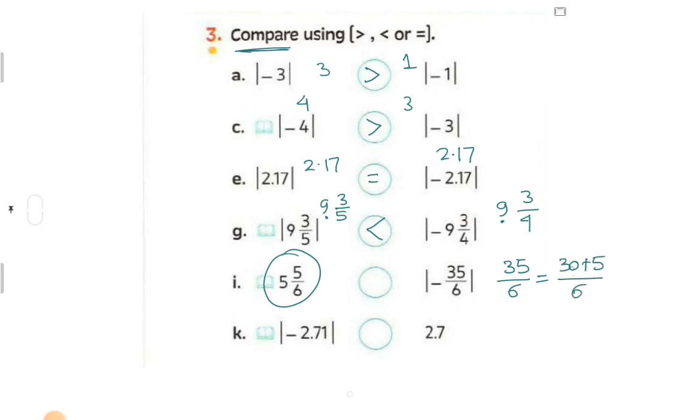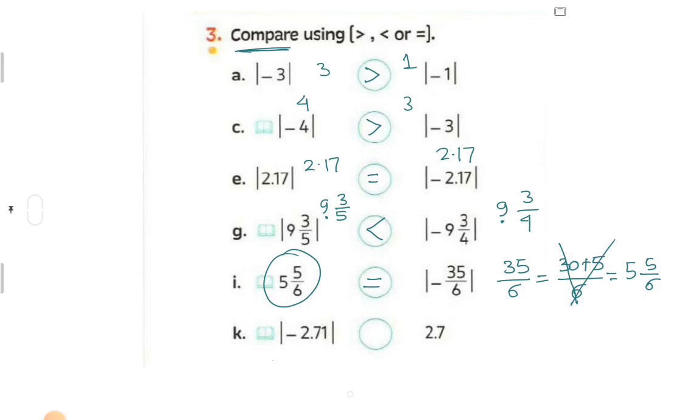Why? Because I can divide 30 over 6 equal 5, and remainder 5 over 6. Now we know that 5 and 5 over 6, and here 5 and 5 over 6 equal each other.